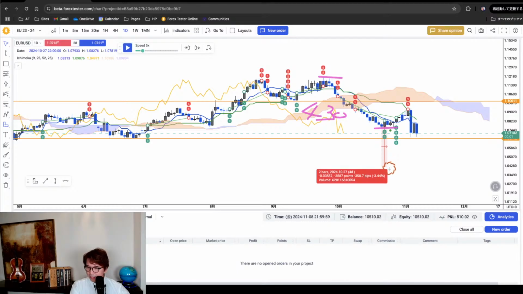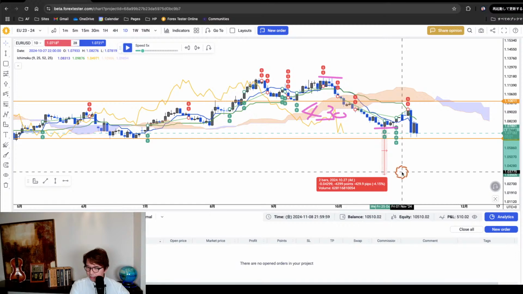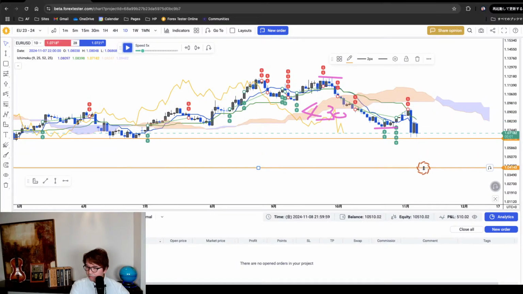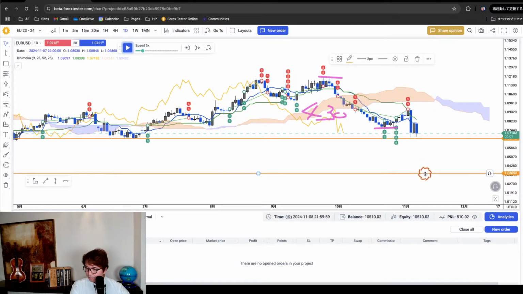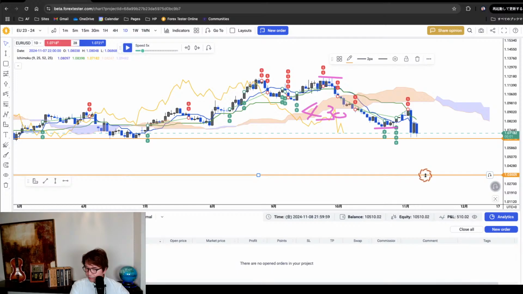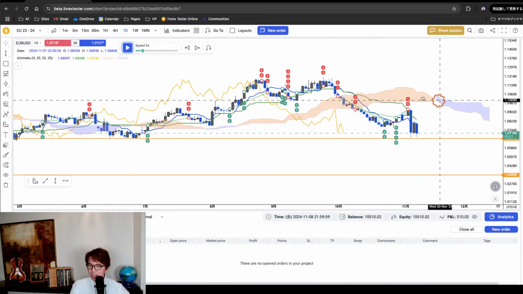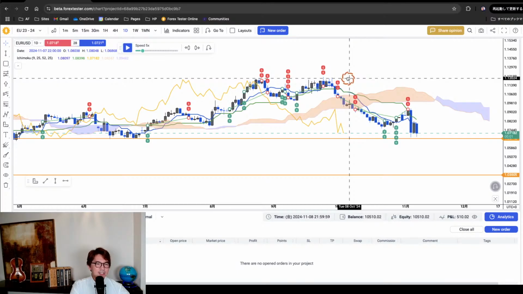And that is going to be down here. Okay, so let me put the horizontal line. 1.035 is the potential target. Okay, so yeah, this is how you calculate the Ichimoku target.